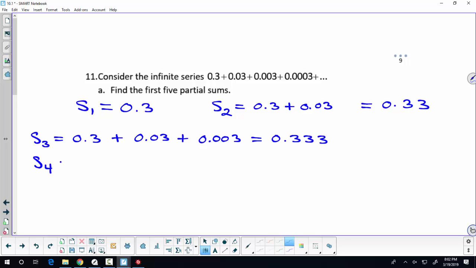So the third partial sum is 0.333. The fourth partial sum is 0.3333.